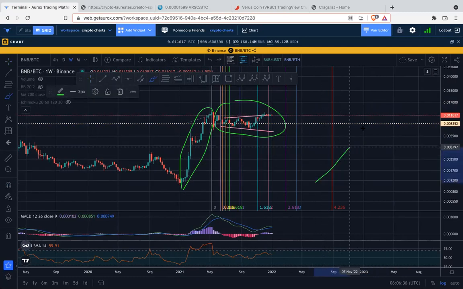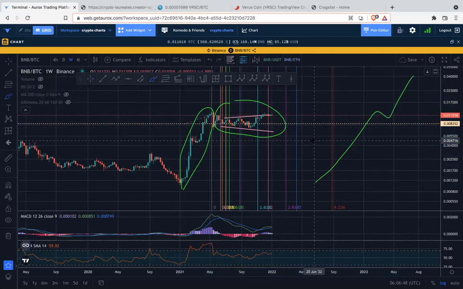So if the impulsion takes longer and the correction is shorter, and then we keep going, and this is especially true for impulsion. So we're wondering, are we still in an impulse here? Or are we finishing this whole move here?